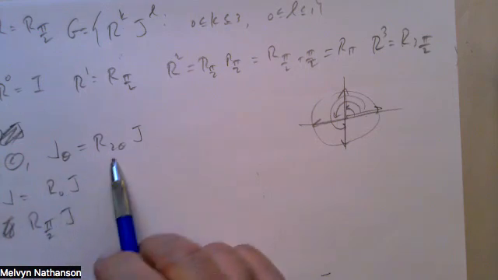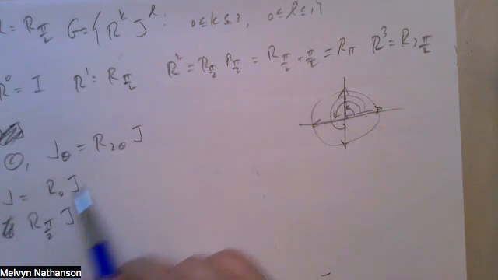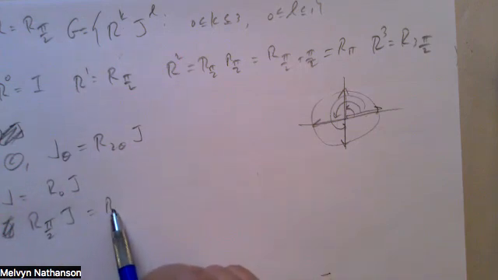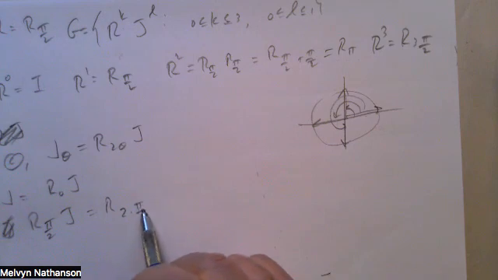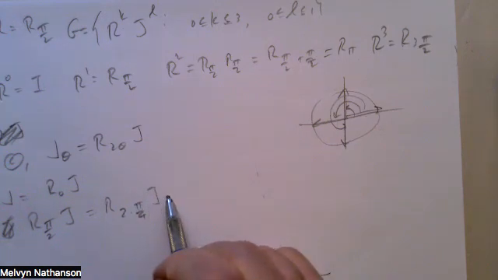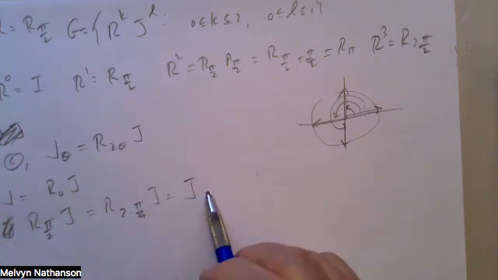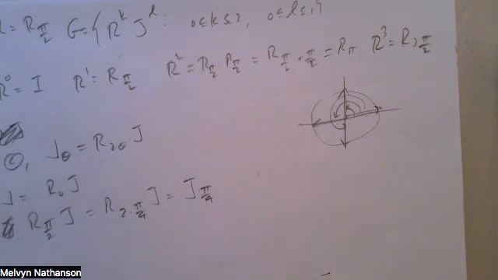Well, by this rule, this is R, 2 times pi over 4 times J. So this is reflection through the line pi over 4.